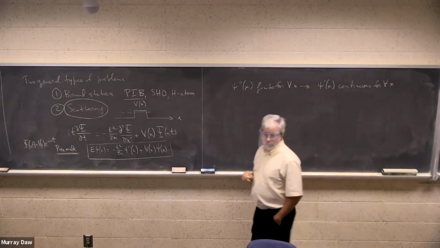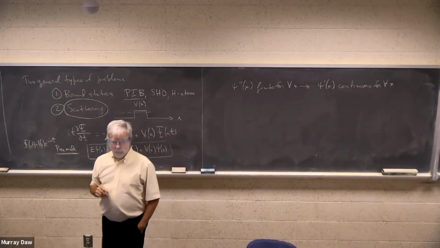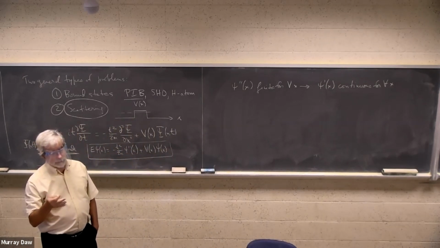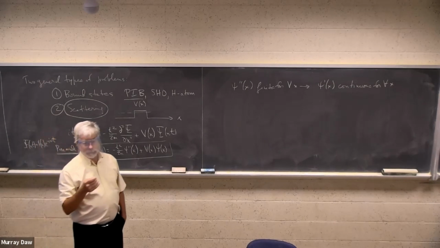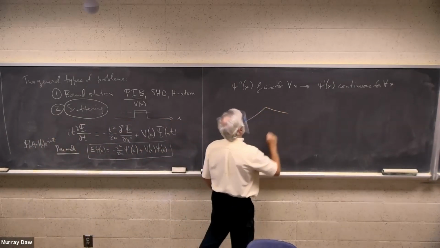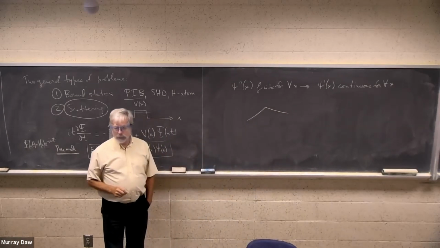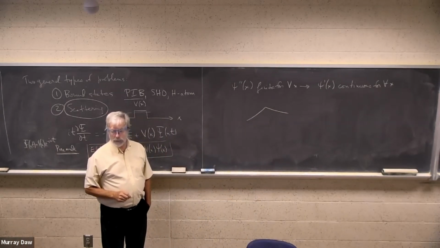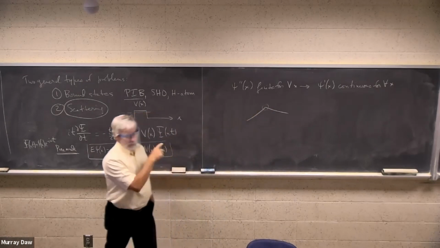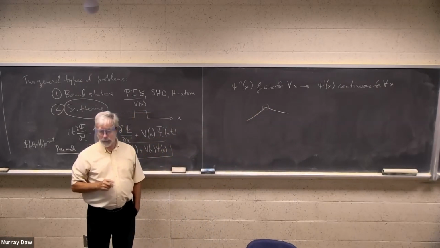See why? If you have a discontinuity in the wave function, then the second derivative would be infinite. If you have a function like this, where the slope is discontinuous, then the next derivative of this function will be infinite.